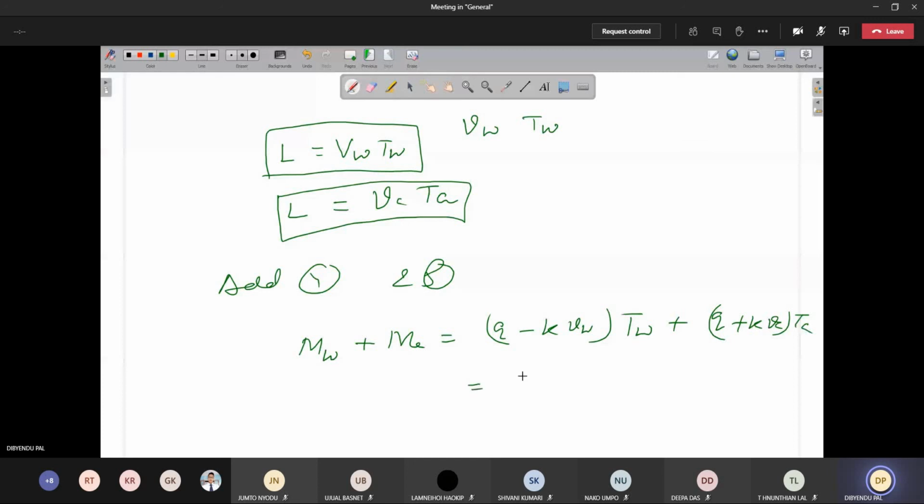So from here we can open it out: Q TW minus K BW TW plus Q TA plus K BA TA. If you take these two expressions, I can take Q common. What is left is TA plus TW.